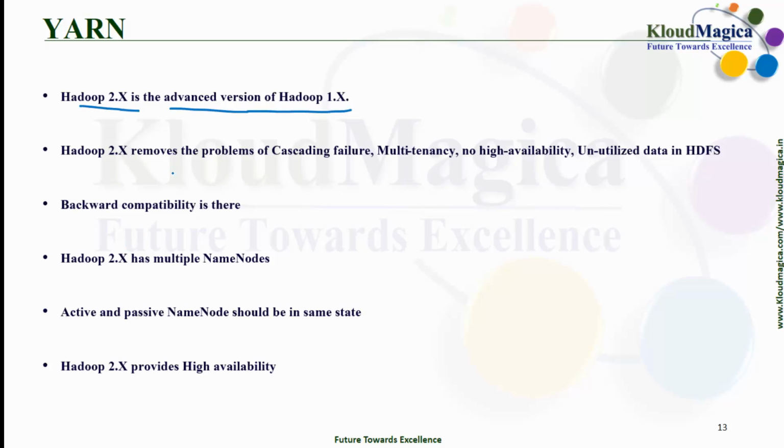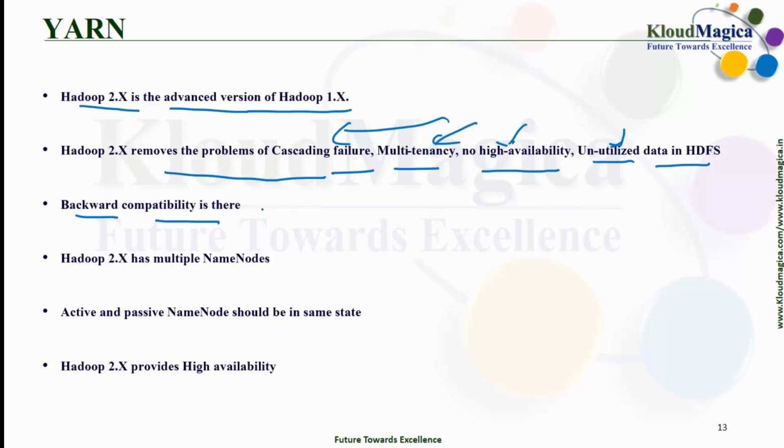Hadoop 2.x removes the problems of cascading failure, multi-tenancy, and no high availability, and unutilized data in HDFS. So these problems are handled by Hadoop 2.x, and also backward compatibility is there.